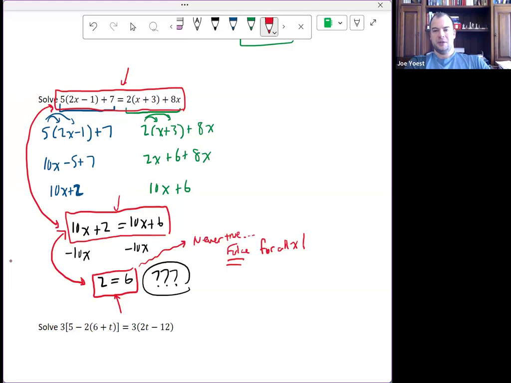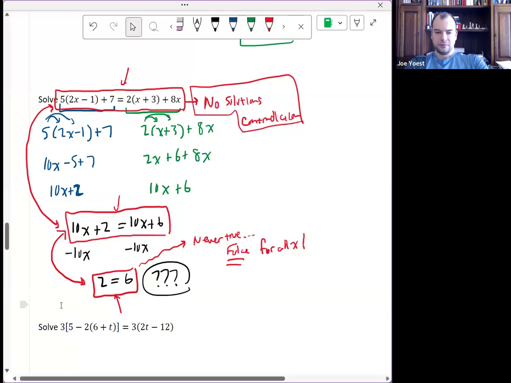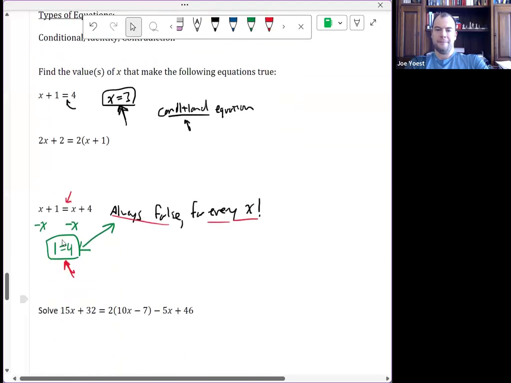In other words, this equation we would either say has no solutions, or if we wanted to be a little more technical, we might say it's a contradiction. It's internally inconsistent to make this claim. Okay.